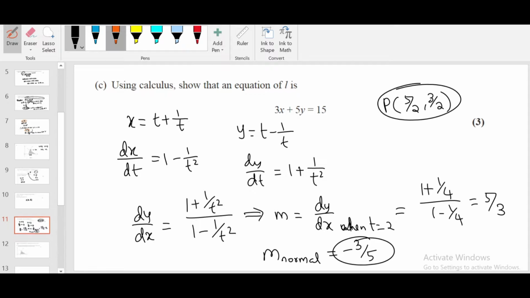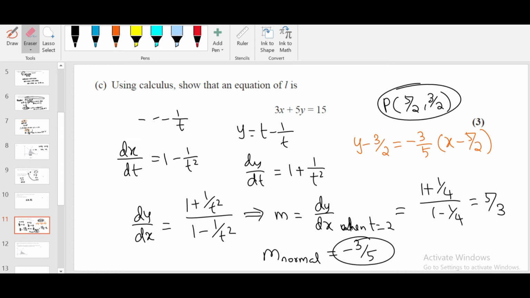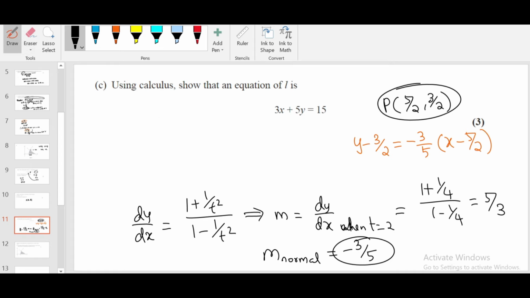You can write the equation as y minus y1 is equal to slope times x minus x1. And then multiply throughout by 10 to get rid of the fractions. When you multiply throughout by 10, you will get 10y minus 10 times 3 over 2, which is 15, is equal to minus 6 times x minus 5 over 2.